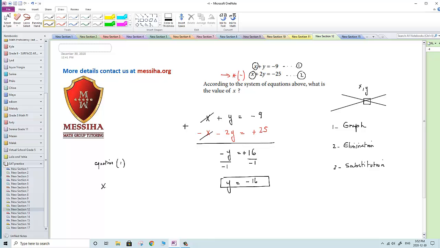So x plus y, that means x minus 16 equals negative 9. I'm going to transfer the negative 16 to the other side as positive 16 minus 9. This will give me x. 16 minus 9 equals 7. That means x equals 7. And this is going to be the answer of the problem.